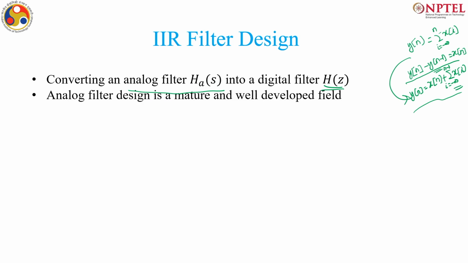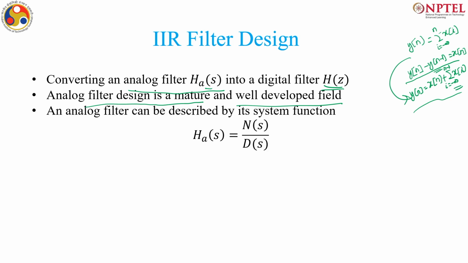Because analog filters have been widely used before the birth of digital filters. So, the analog filter design topic is quite mature and well developed. So, you can very nicely design any analog filter based on the specification. And now, once you have designed the analog filter, you just need to convert this H(s) into H(z) using some standard mapping.